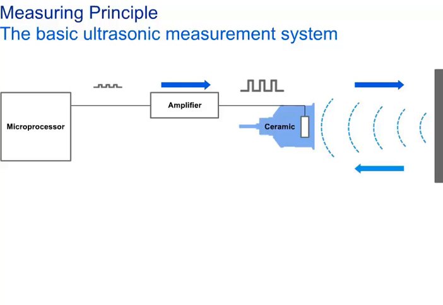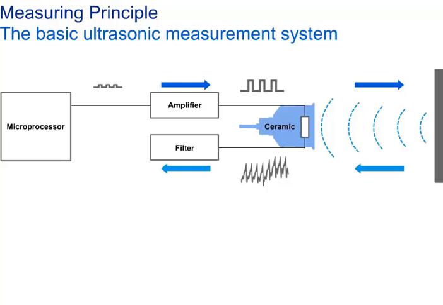The sound bounces off the target and back to the sensor. The pulse, moving through the ceramic, generates an electric signal that is then processed further. This signal passes through a specially designed filter that eliminates all frequencies that are not of interest to us. The filtered signal passes to the processor, where an advanced algorithm selects the correct echo.